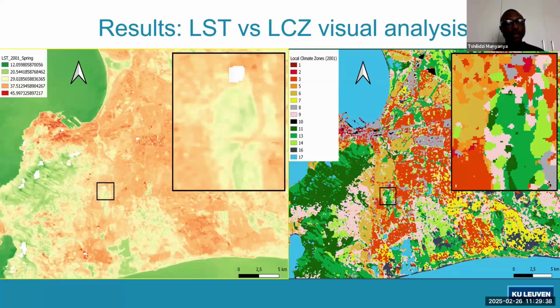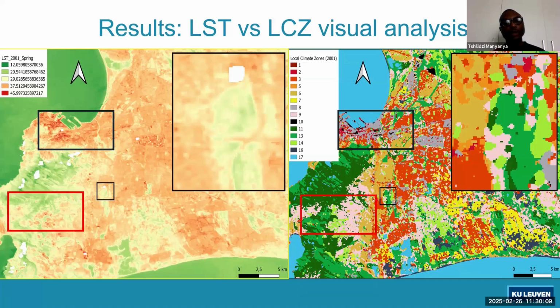Follow me as I take you across some areas. In the first box, we are looking at the harbor area in Cape Town, which is predominantly local climate zone 8, the large low-rise, and you see that the corresponding land surface temperature shows high temperatures.